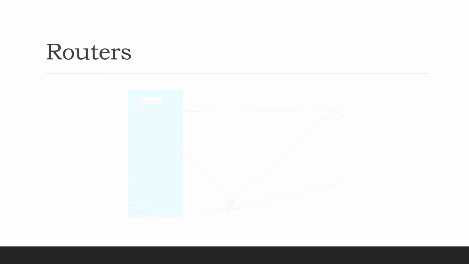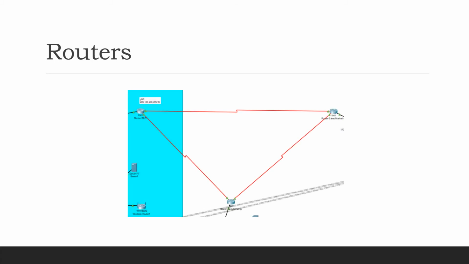And the routers are a very important connection in the network design. And I said the IP address is 209.165.200.225, and the others are similar to this. You can connect hundreds of devices to these connections.